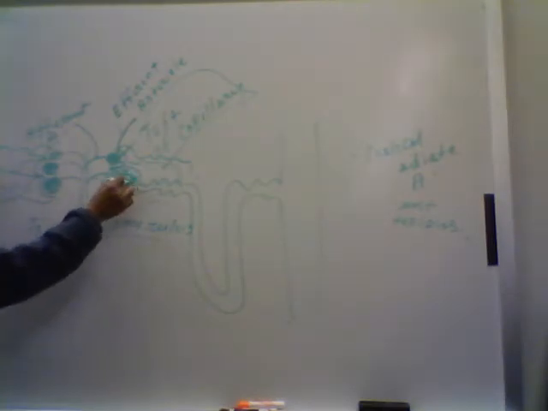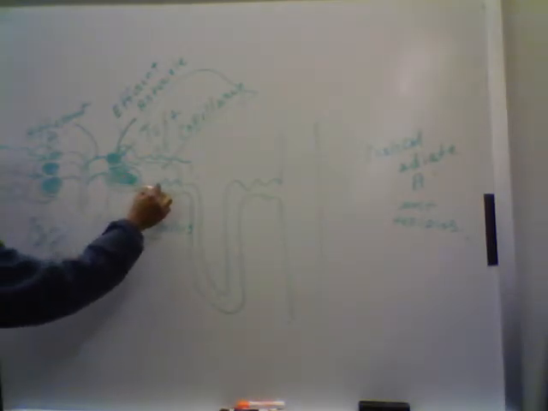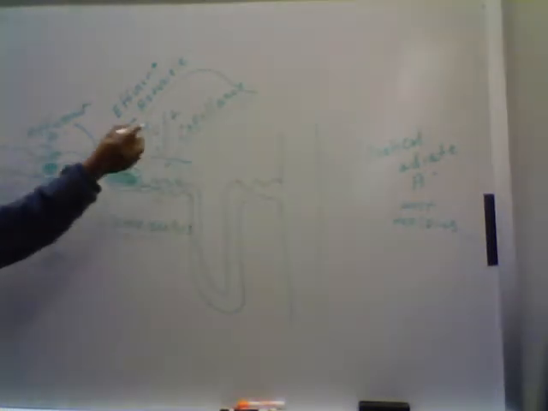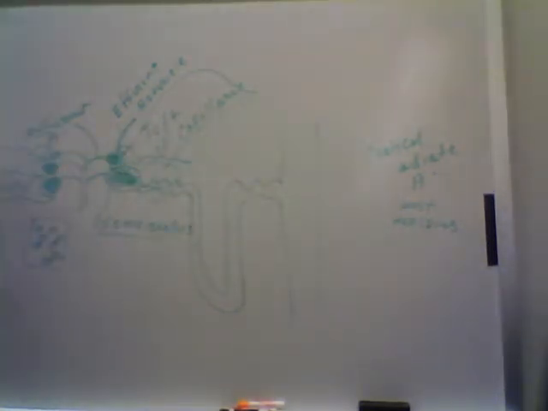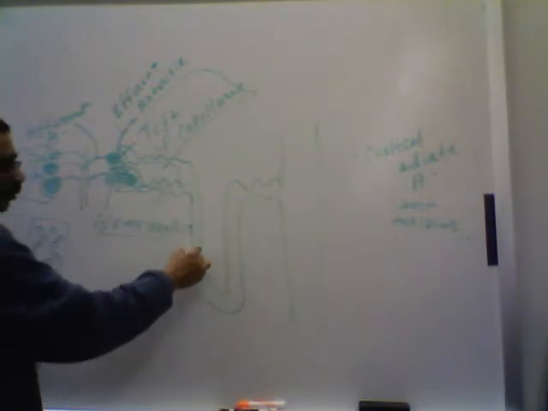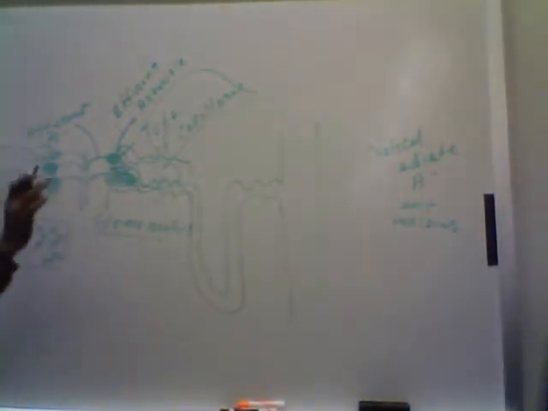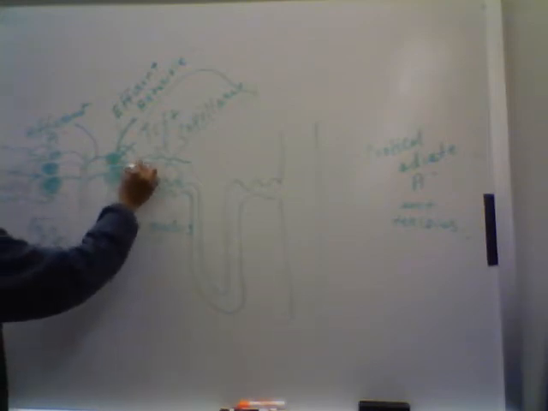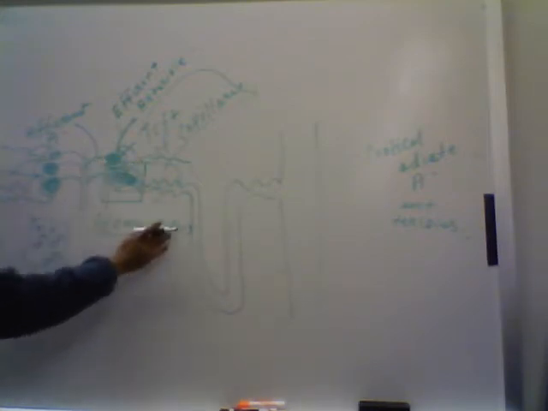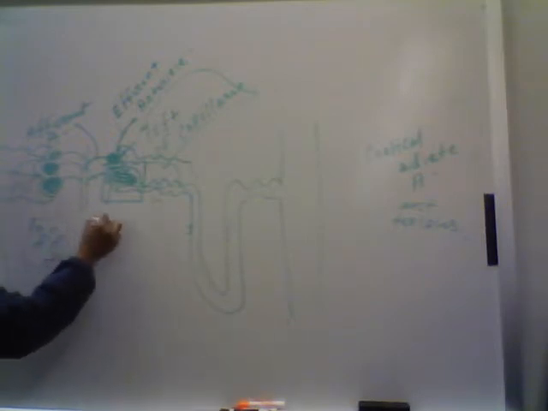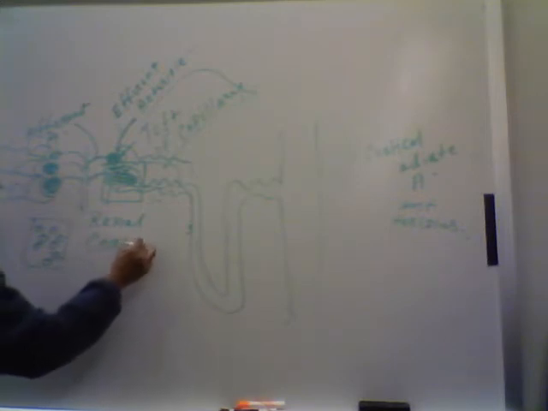After the fluid enters here, the fluid will start to pass through the nephron. Now, before I talk about the fluid movement inside the nephron, I'll show the parts of a nephron. This part of the nephron is called the renal corpuscle. Okay?